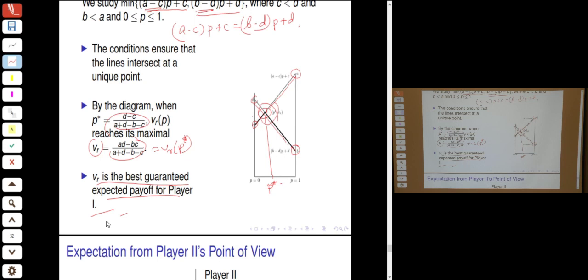So this guaranteed expected payoff still depended on P, and we maximized it in terms of P so as to find the optimal value of P, which is P star, and thereby obtain the maximal guaranteed expected payoff for player 1.